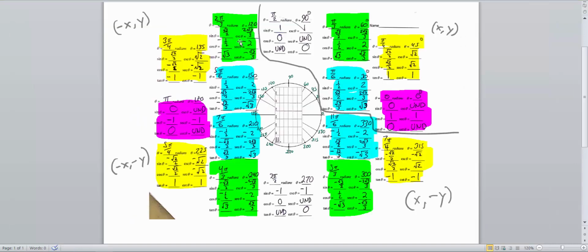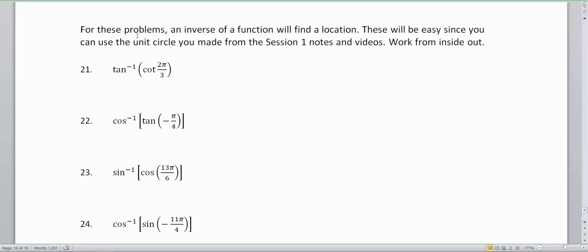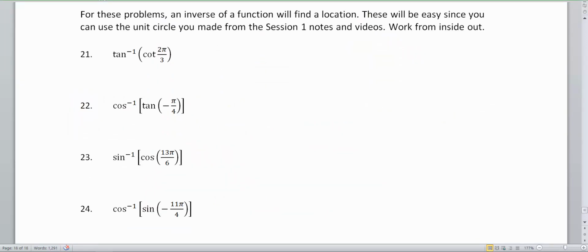If I look at 2 pi over 3 and check the cotangent value, it's negative square root of 3 over 3. Alright, so now I can go back to my sheet here and change this problem a little bit. So now it's the inverse tangent of negative square root of 3 over 3.